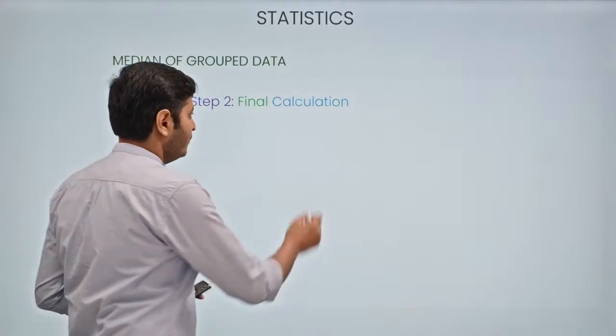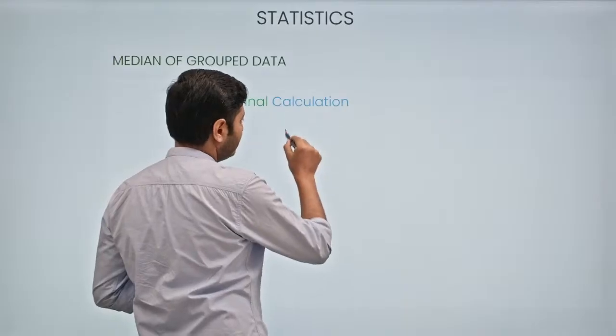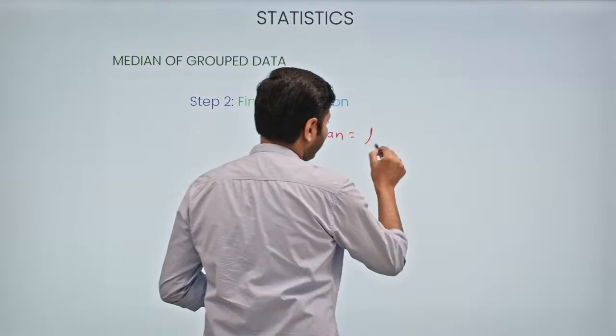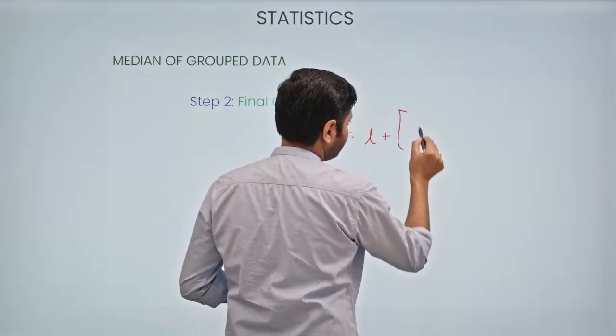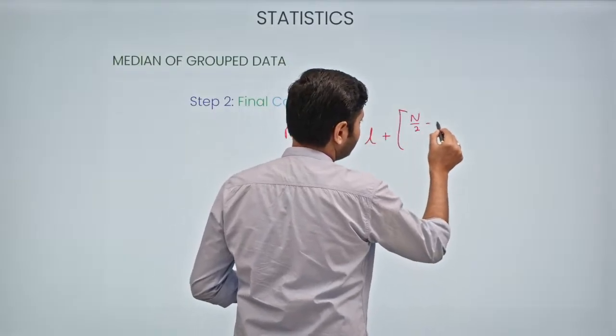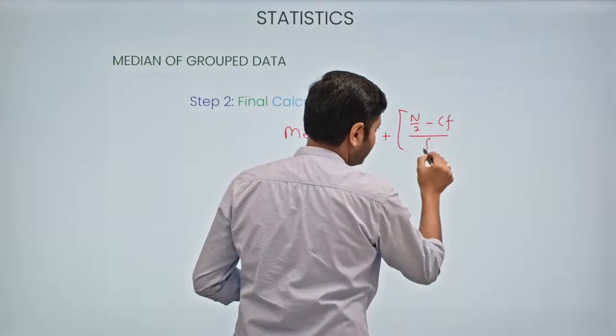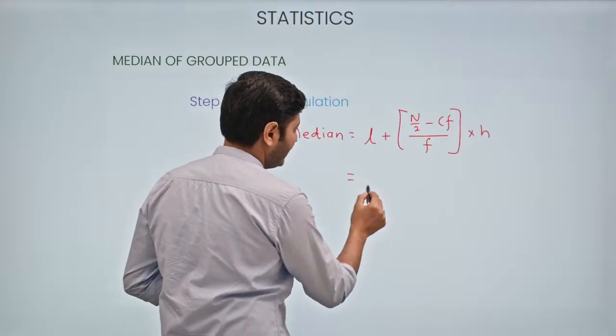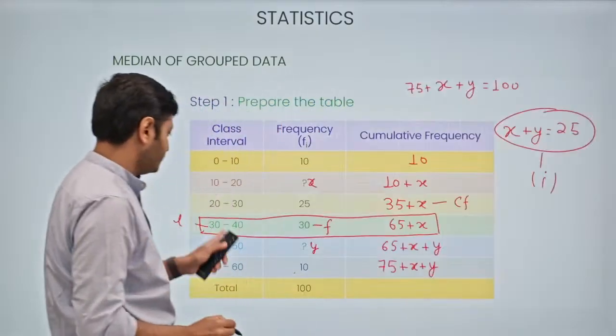So the median will be L plus n by 2 minus Cf by F into H. L value 30, right?